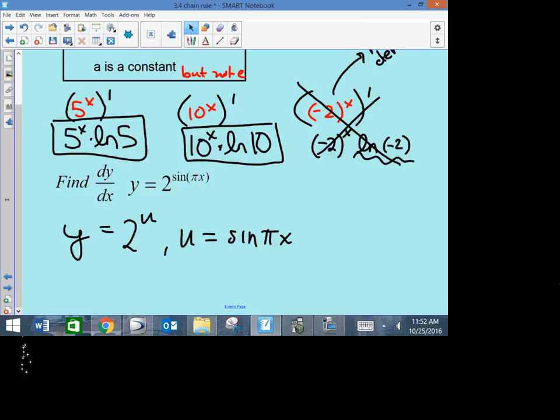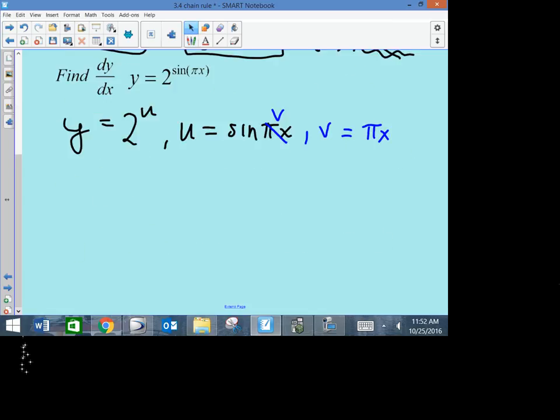So I'll make that v, where v is pi x. So there's your chain: u is sine of v, and v is pi x. Okay, so here we go.